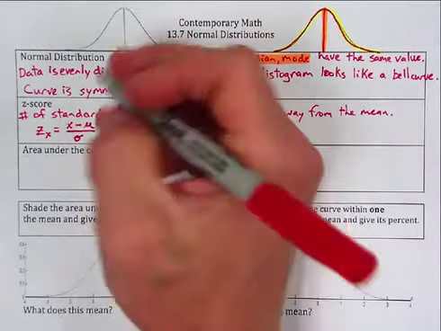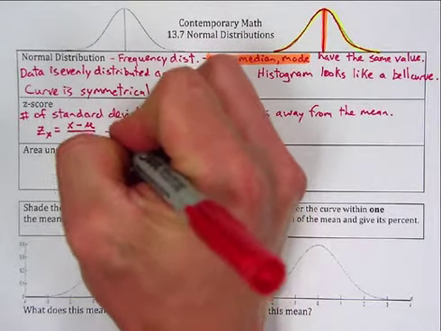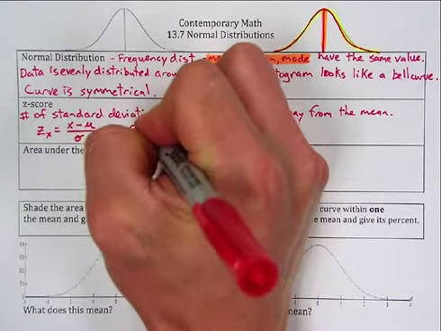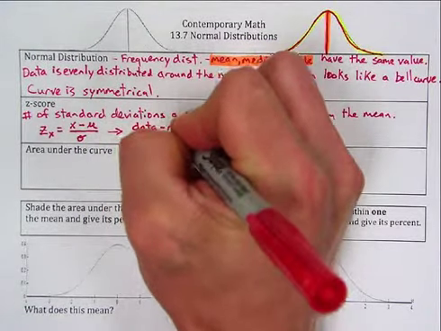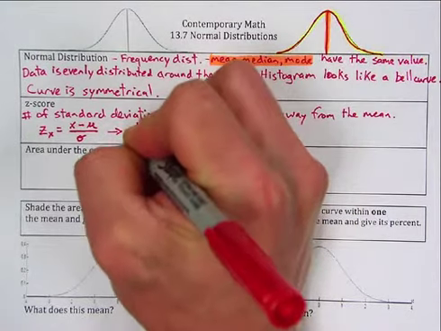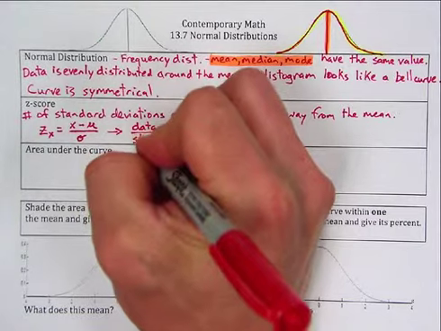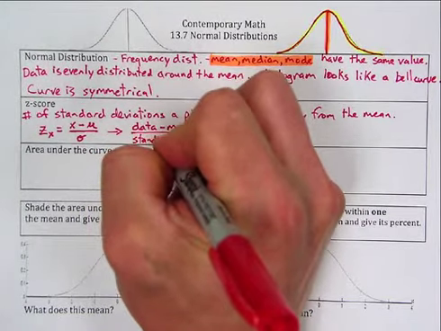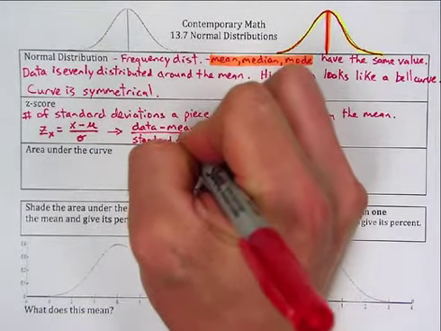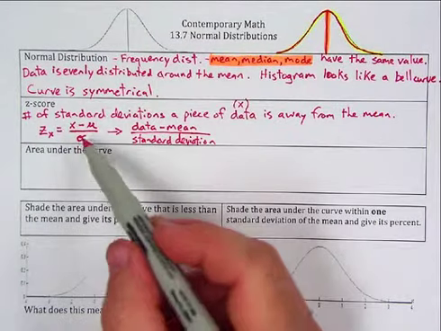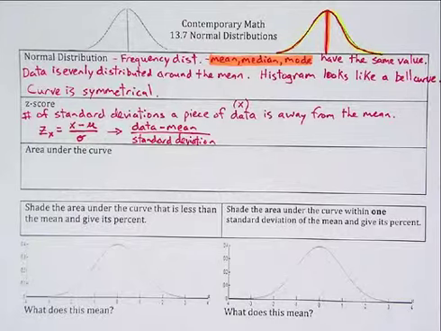And really what we're writing here is we're going to take the piece of data minus the mean, divided by the standard deviation. So this formula will give you the z-score for any piece of data.